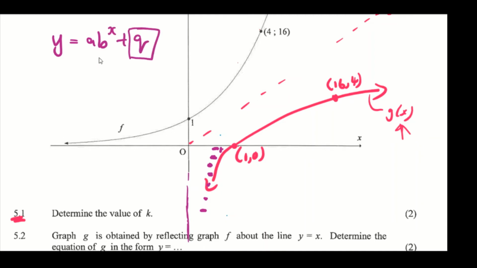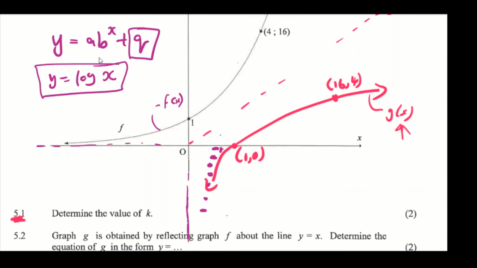Which has an asymptote. For this one, it's a horizontal asymptote for this f of x. But because we are having y equals log of x, this same horizontal asymptote becomes vertical in this case, so it goes down like this.